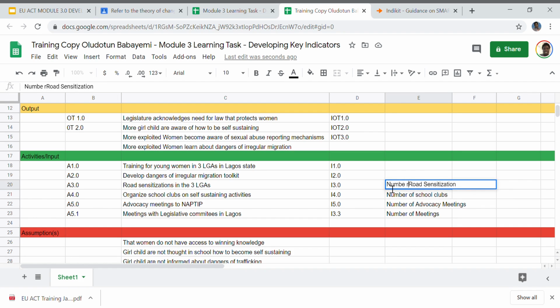So number of road sensitization carried out. Just think about number of toolkits.